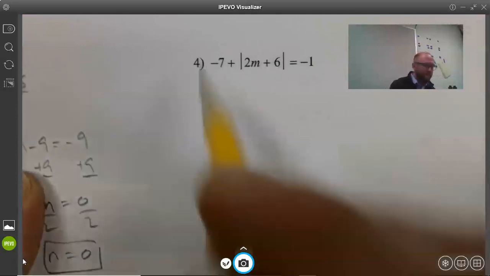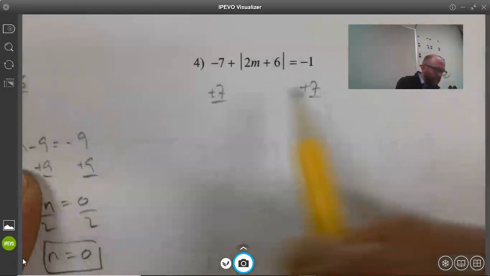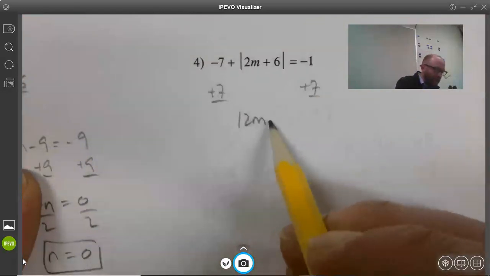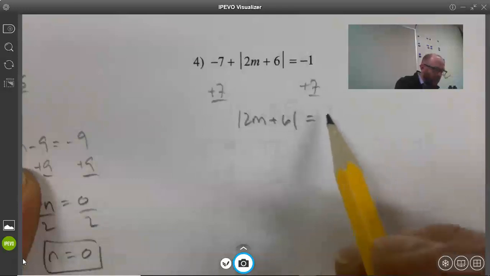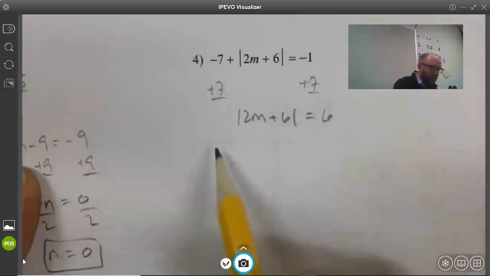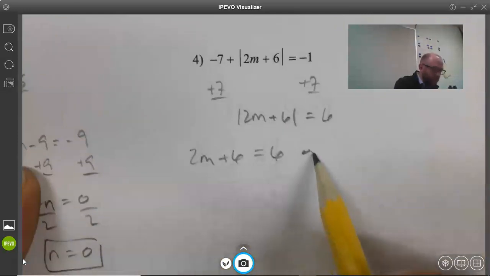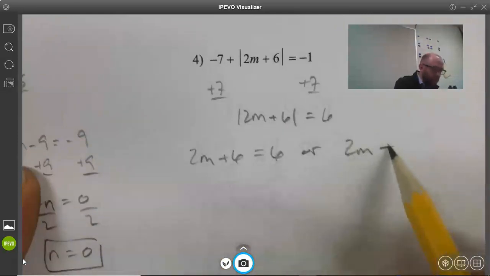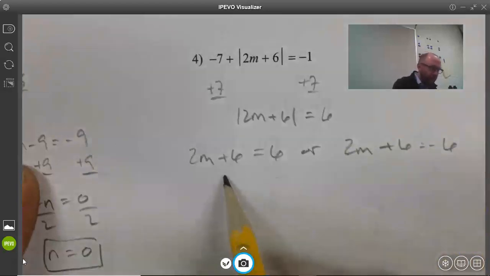Next one here, I've got to get rid of this negative 7. I will add 7 to both sides. That gives me the absolute value of 2m plus 6 equals 6, which means that 2m plus 6 equals 6, or 2m plus 6 equals negative 6.